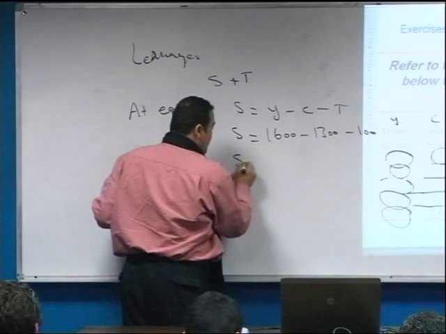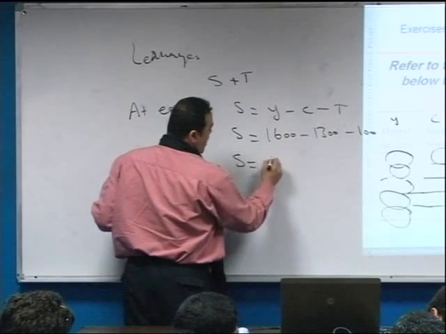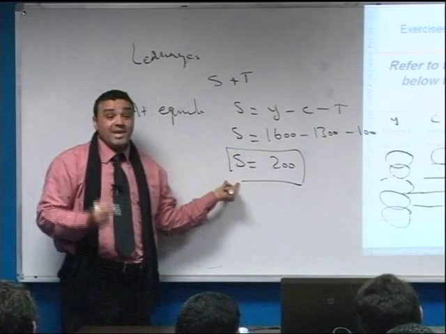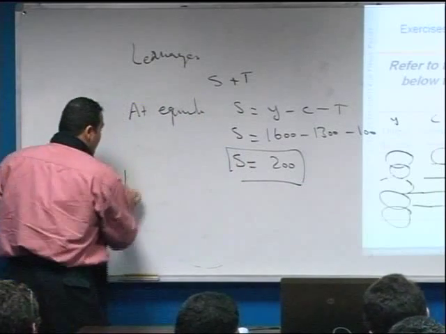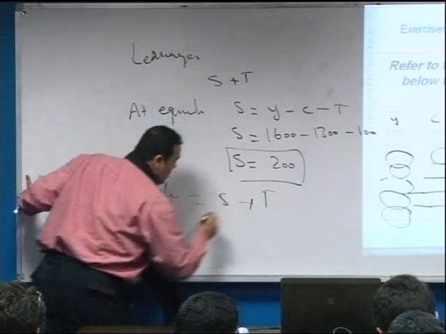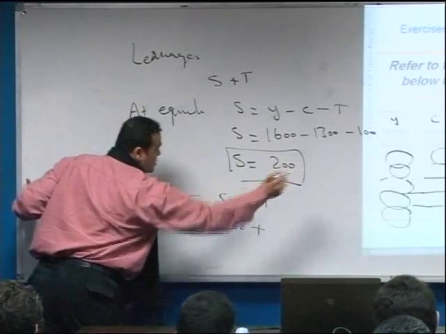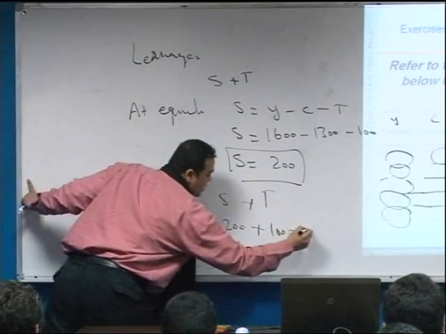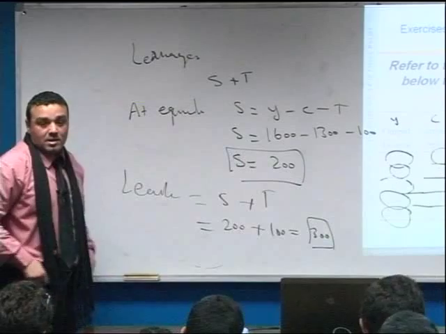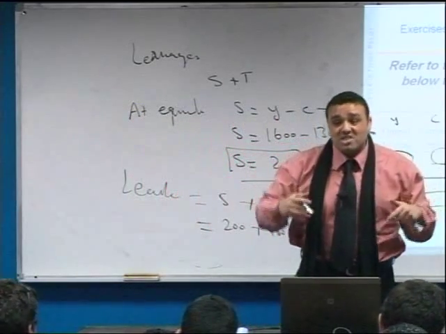So the saving equals 200. So the leakages equal S, 200, plus taxes, 100, so equals $300 billion.